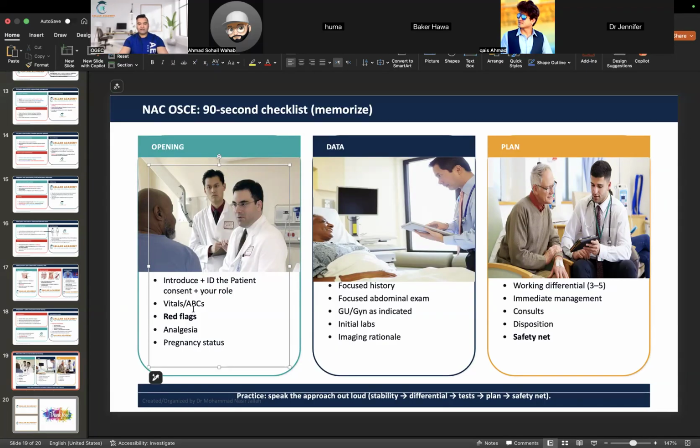Okay. Vital signs, ABC, red flags. You need to cover this. Analgesia, pregnancy status. Do not forget. Data: focused history, focused abdominal examination.